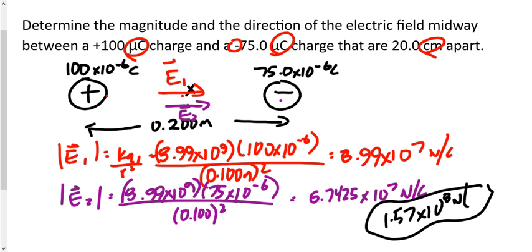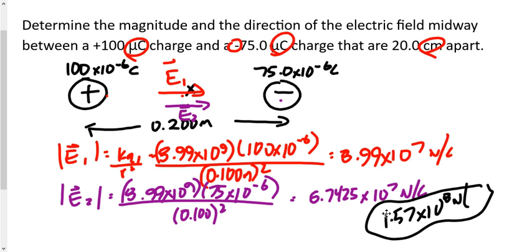Please, please, please, when you get one of these questions, and you're going to get two of them in a moment, draw the picture. Show the fields. Think about which way they point. And then once you get the values, just combine them as positives and or negatives.